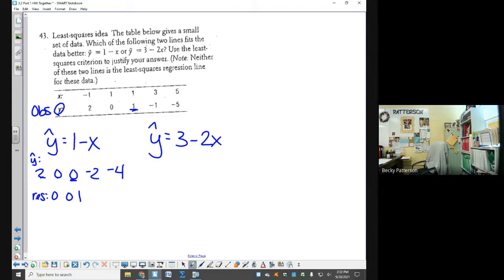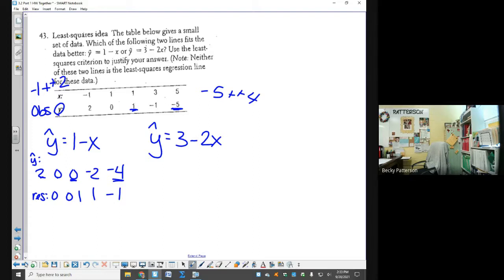Y'all, come on. What's negative 1 minus negative 2? Negative 1 minus a negative 2. 1. Can we subtract? Come on. What's negative 5 minus a negative 4? Thank you.